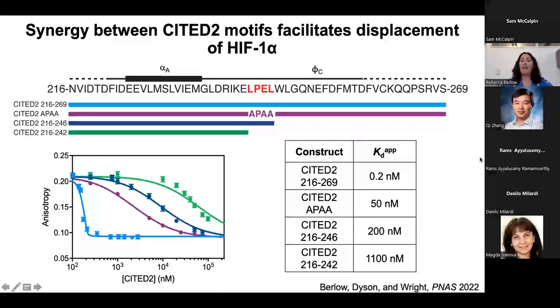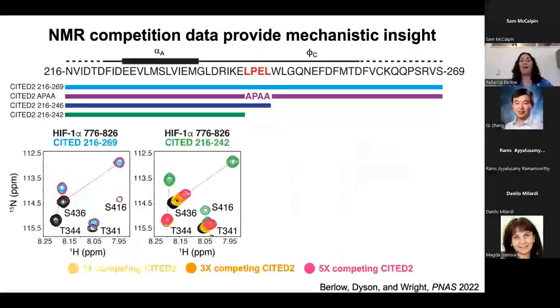And so this was very exciting, and we decided to then look at all of these different constructs by NMR. These are data I've already showed you. This is simply the data from the beginning of the presentation where we can see that the full length CITED-2 peptide is only observed in complex with TAZ1, even in the presence of an equal amount of HIF-1 alpha.